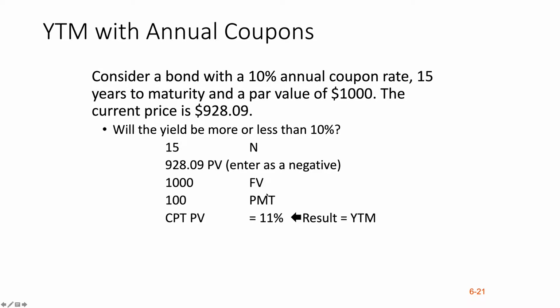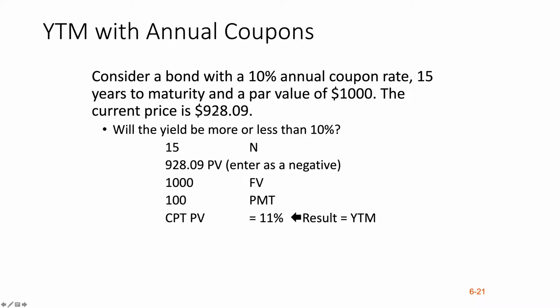Compute for I. Sorry, here is the wrong key. Compute for I, the interest rate. So the interest rate is 11%. Here is the yield to maturity, which is higher than 10%. The reason is that the current price is at a discount, below 1,000.